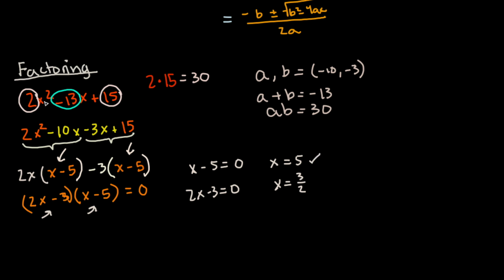And we plug in 3 halves. 2 times 9 over 4 minus 39 over 2 plus 15, and if we simplify this, we realize that 2 times 9 over 4 is just 9 over 2, minus 39 over 2 is negative 30 over 2, plus 15, which is indeed equal to 0. So this is also a correct solution.